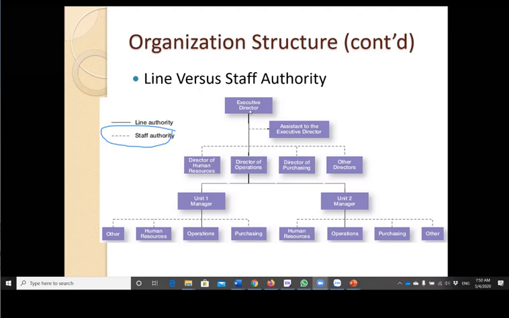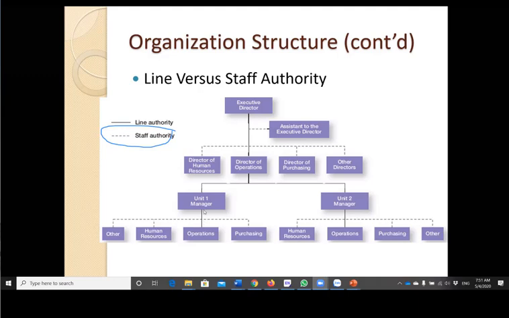So you put the line of authority as single lines like this, right? Not dotted or dashed, right?